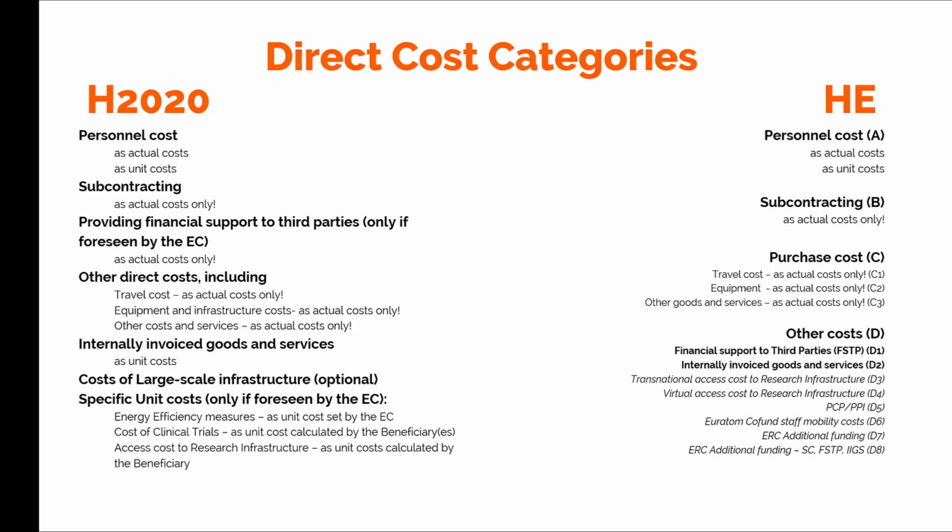Optional in a sense that it's beneficiary specific, so not every beneficiary may or will use such cost categories, and that would be, for example, the internally invoiced goods and services, which would never be used by a small company or an association.